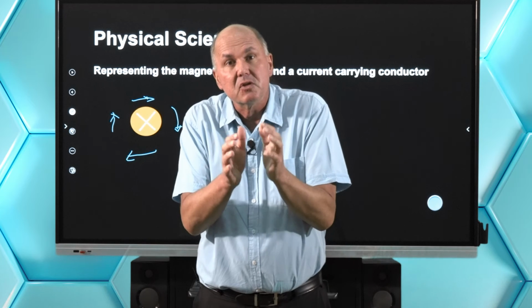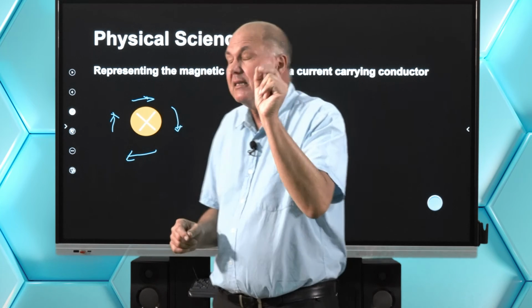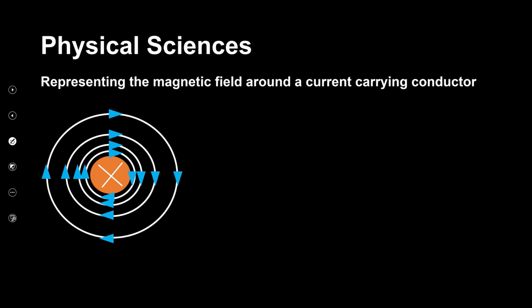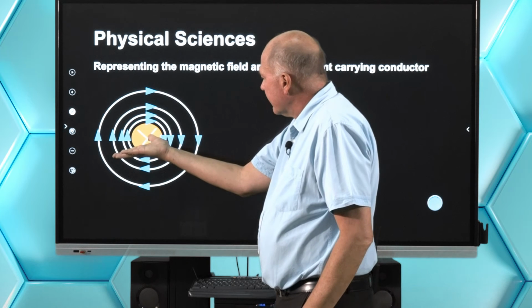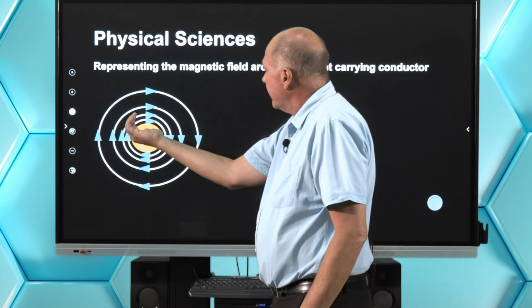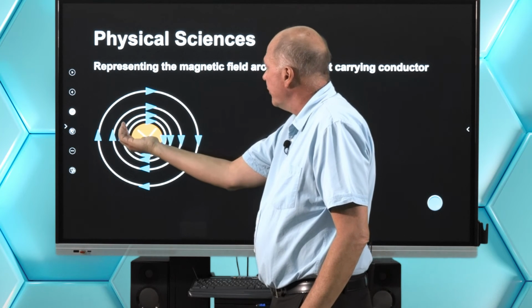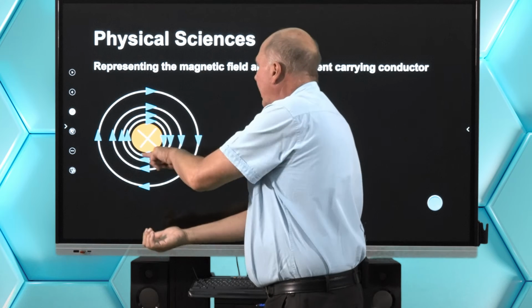Where the field is strong, the magnetic field lines need to be close together. So have a look at my diagram here. As you can see, I've indicated the direction, confirmed with the right-hand rule. The current is going in, the direction of the magnetic field is clockwise.